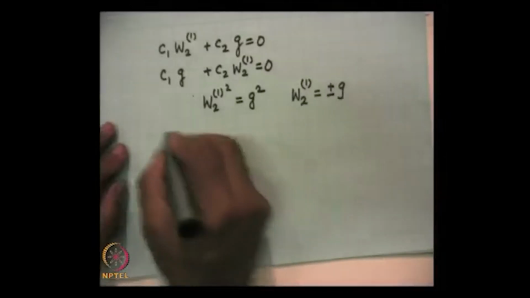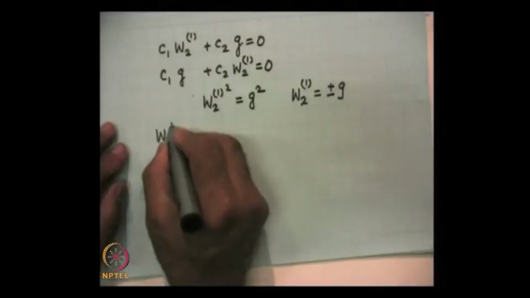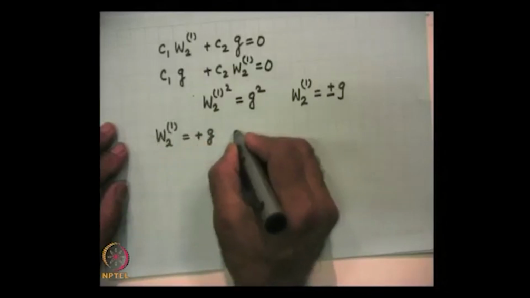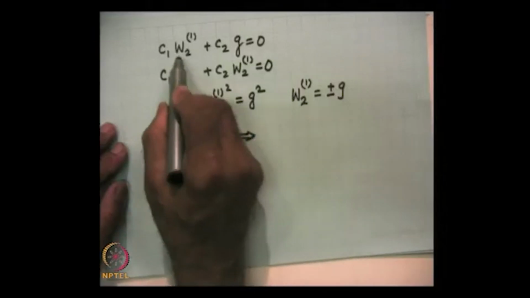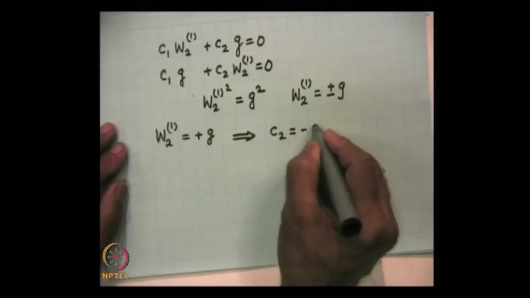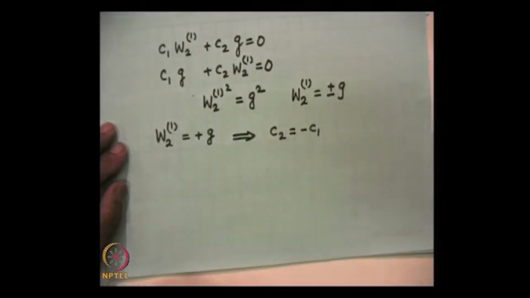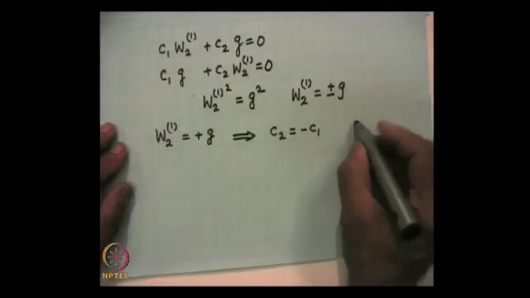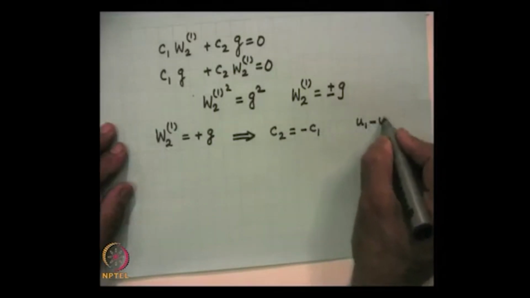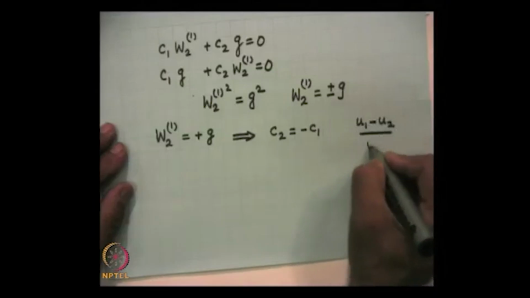For W21 equal to plus G, you will have C2 equal to minus C1, and my wave function will be U1 minus U2 by root 2.